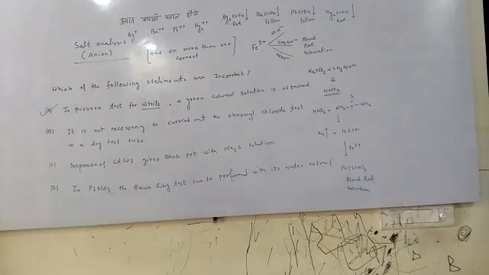Next, now there are four notes. Note number one: heavy metal chlorides such as Hg2Cl2, HgCl2, SnCl2, AgCl, PbCl2, SbCl3 and CuCl do not respond to this test due to high covalent character, as a result of which sufficient free chloride ion is not available.